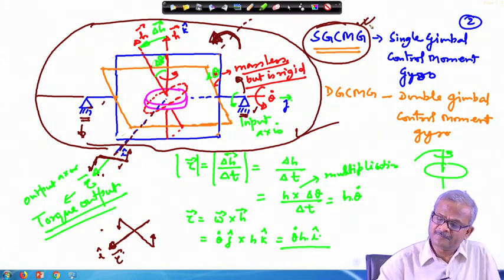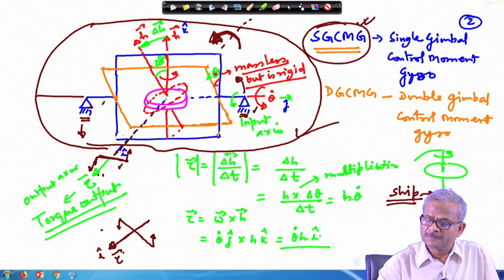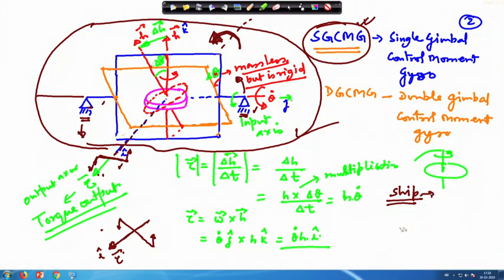In the terrestrial case, like for the ship, okay, there are big control moment gyros, say this is the ship going in the water. Okay. So, there are very large control moment gyros which are used for controlling the ship, because it weighs millions of tons. Okay.